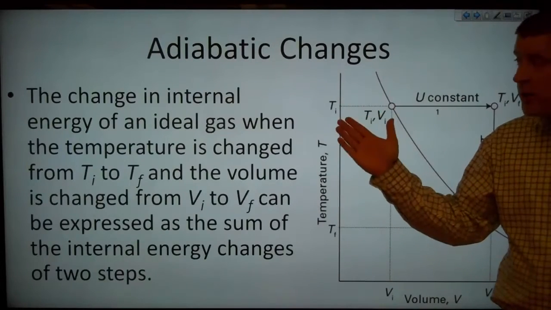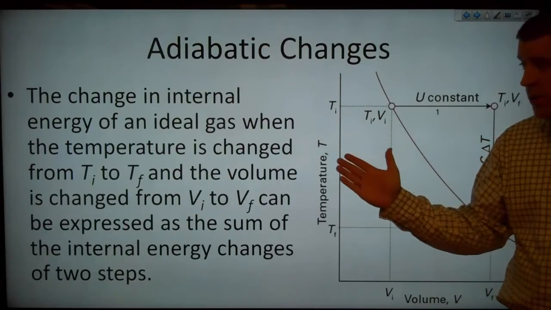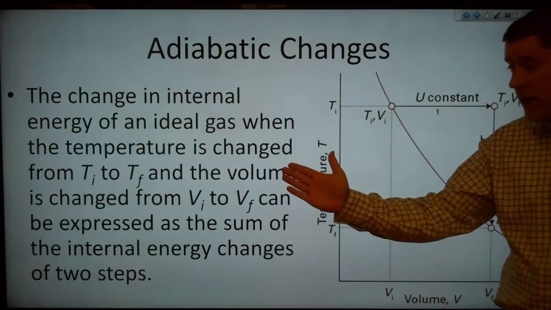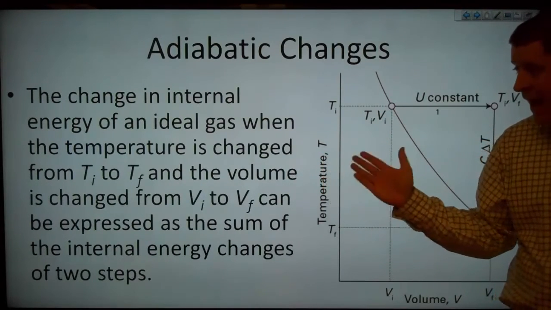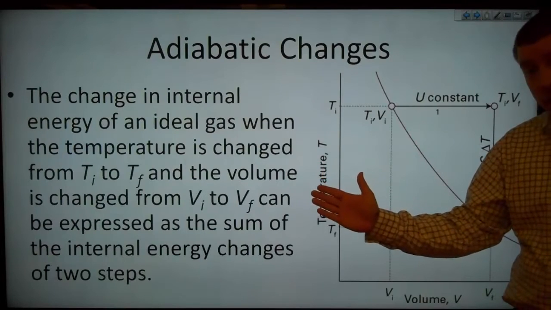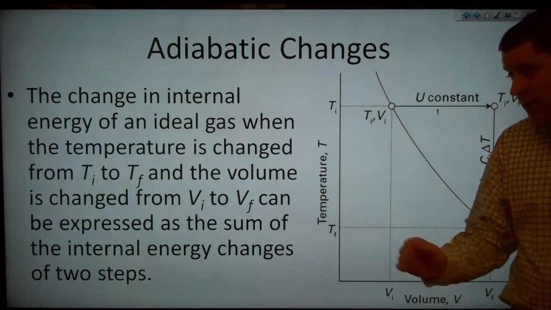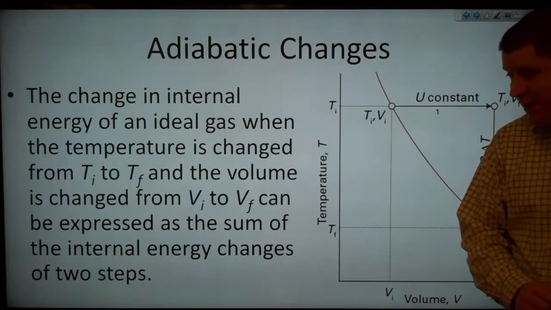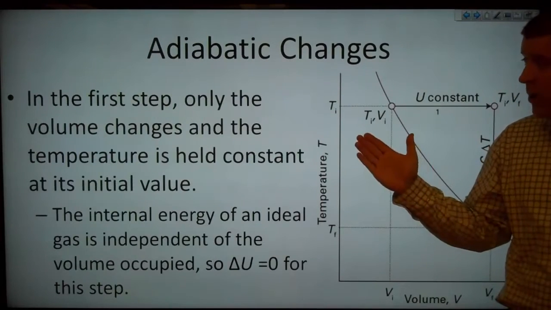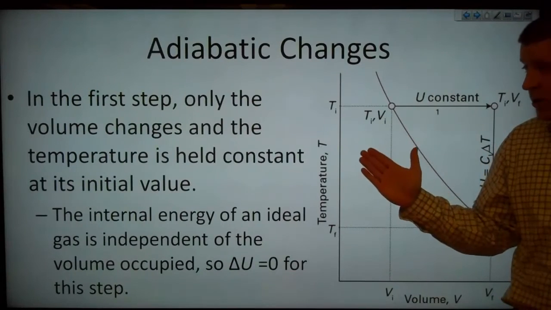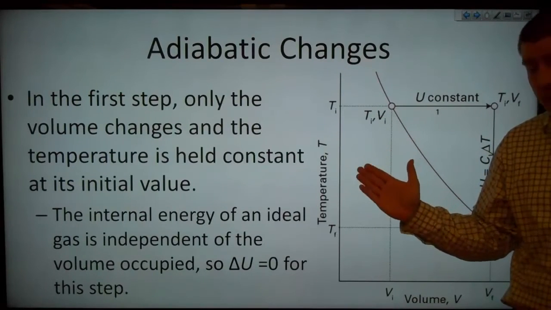So the change in internal energy of an ideal gas when the temperature is changed from some initial temperature Ti to some final temperature Tf, and the volume is changed from an initial volume Vi to a final volume Vf, can be expressed as the sum of the internal energy changes of 2 steps. In the first step, only the volume changes and the temperature is held constant at its initial value.